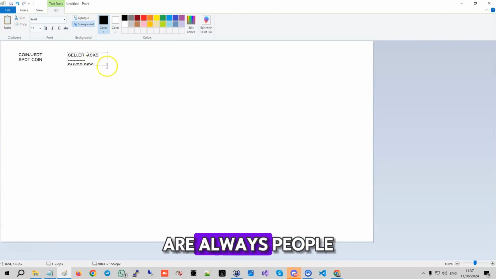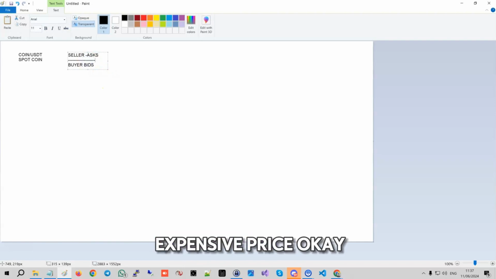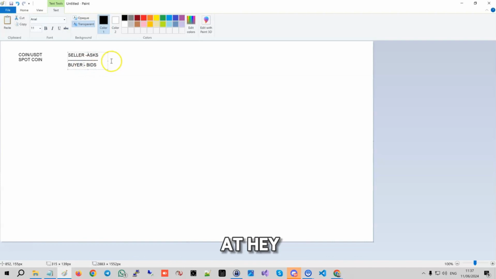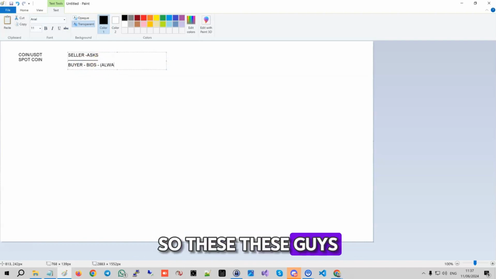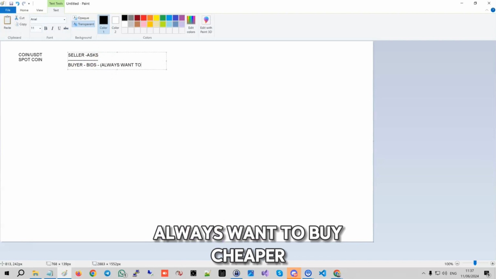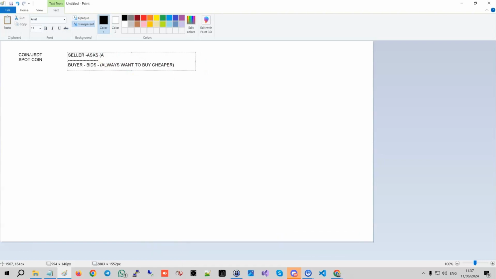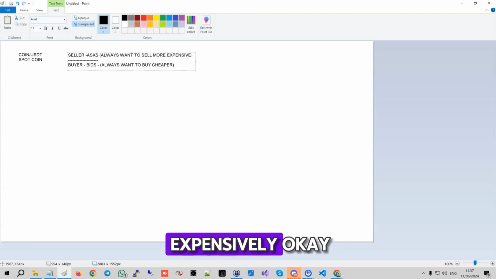At the top are always people who are ready to sell at a more expensive price, and at the bottom there are always people that want to buy at a lower price. So these guys always want to buy cheaper, and these guys always want to sell more expensively.